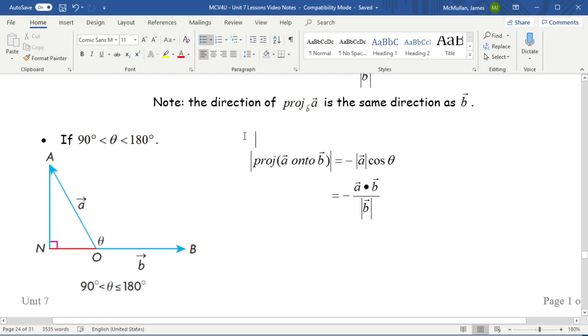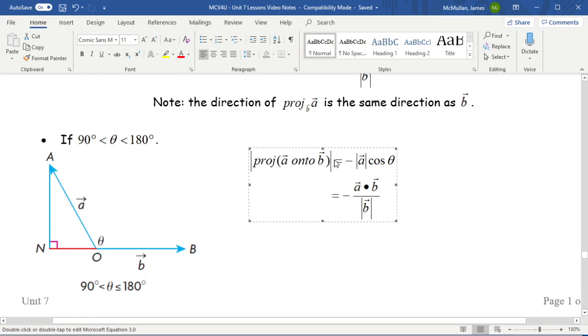You can't say the projection is -6. If you get an answer that's -6, you remember what negative means: I'm projecting in the opposite direction of B, but the length of that projection is not -6, it would be 6. So this negative is here to cancel the fact that A dot B is going to be a negative number because theta is bigger than 90.